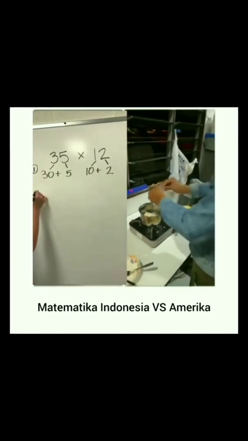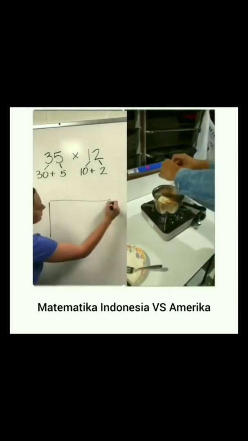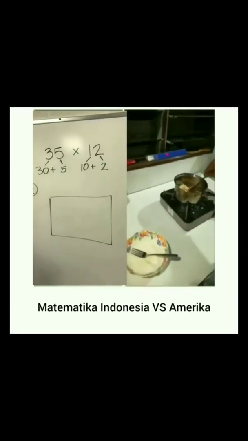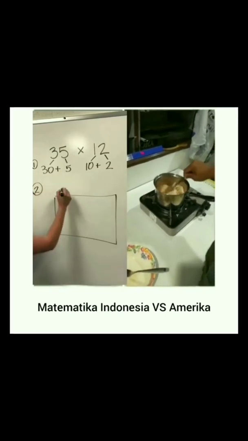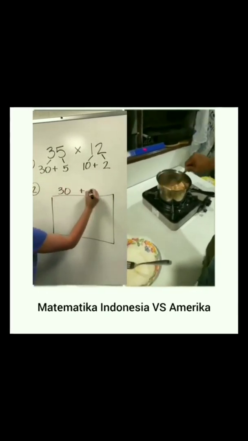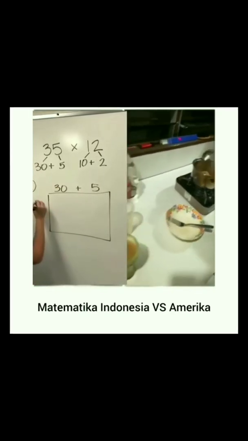The next step would be to draw a large box. Okay, and on this box we're going to put both of our expanded numbers. So on the top I'm going to put 30 plus 5, and on the side I'm going to put 10 plus 2.